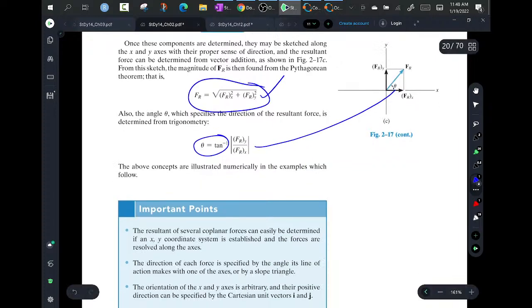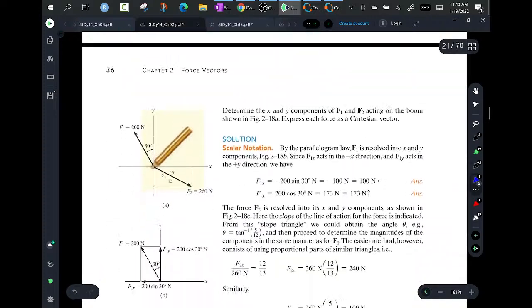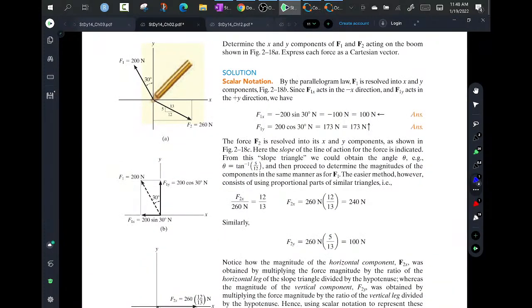You have to be careful here, because arc sines, arc cosines, and arc tangents are very limited in a calculator space. I don't have enough time, but I'll talk about that maybe next time, or as we go through these problems.